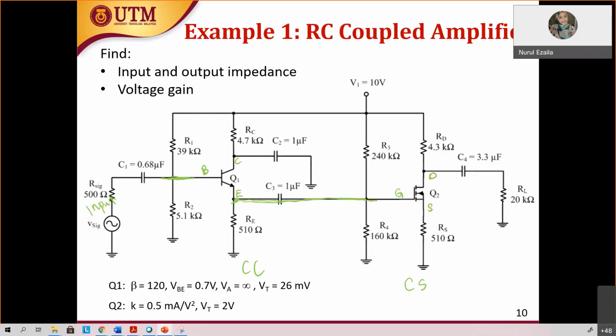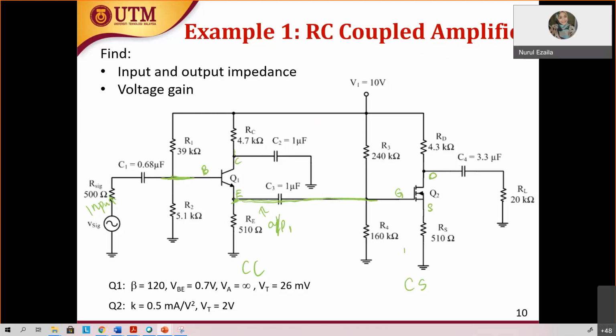Therefore, this is the output 1. So what's left here now is the collector. Therefore, this is common collector.